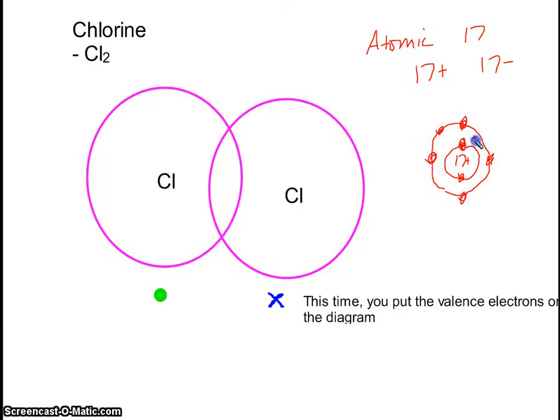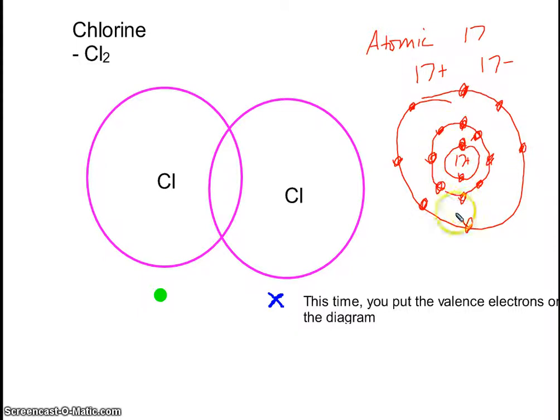So we put our 8 in. So that's 10. 2 and 8 is 10, and we put another one around the outside. Forgive my circles. And it can have 7 in there, so we've got 2 and 8 and 7 makes 17. So in the outside we're going to put 7 electrons.